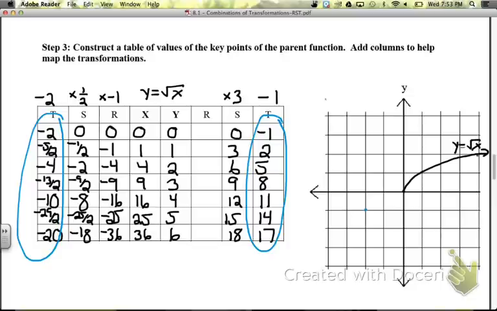We could look at more, but it will be off of our graph, so we're just going to graph that. You can see quite easily that this is really being stretched and very large compared to our original. And we can label it, so y equals 3 root -2 times x plus 2 minus 1.